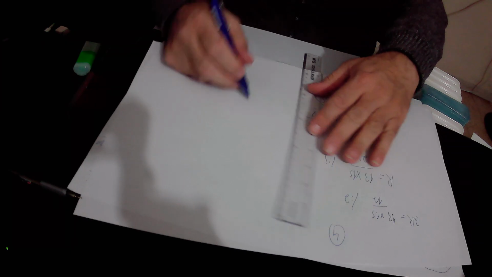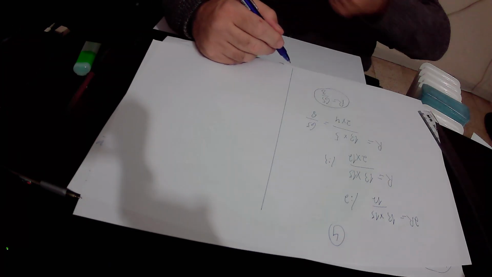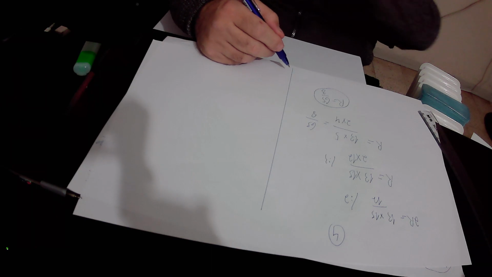Now it is very easy to find out the area of the circle. The area of the circle must be equal to pi r squared.